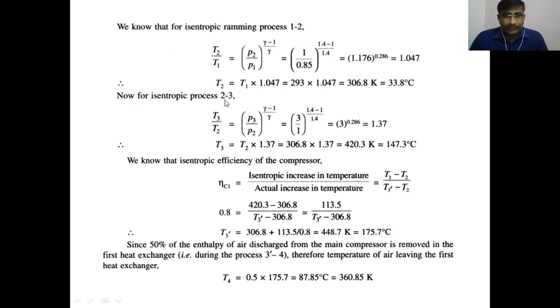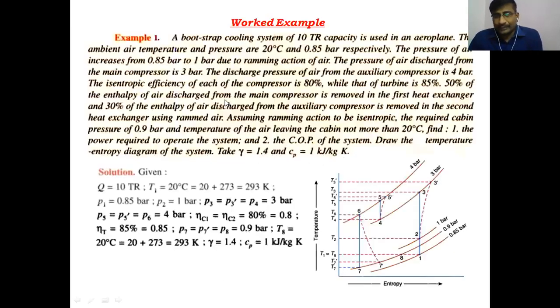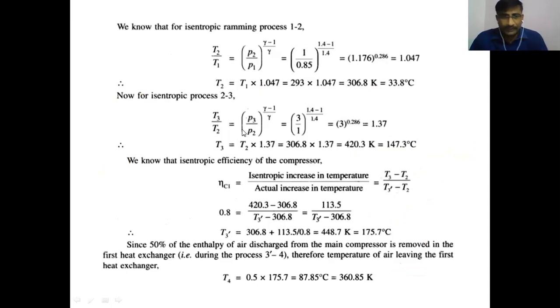Now the isentropic process for 2 to 3. Apply the same formula, because it is an isentropic process: T3 by T2 equals P3 by P2 whole power gamma minus 1 by gamma. P3 is 3 bar after the main compressor, P2 is 1 bar after ramming action, and gamma is 1.4. Upon substitution of all the values, we get 1.37.